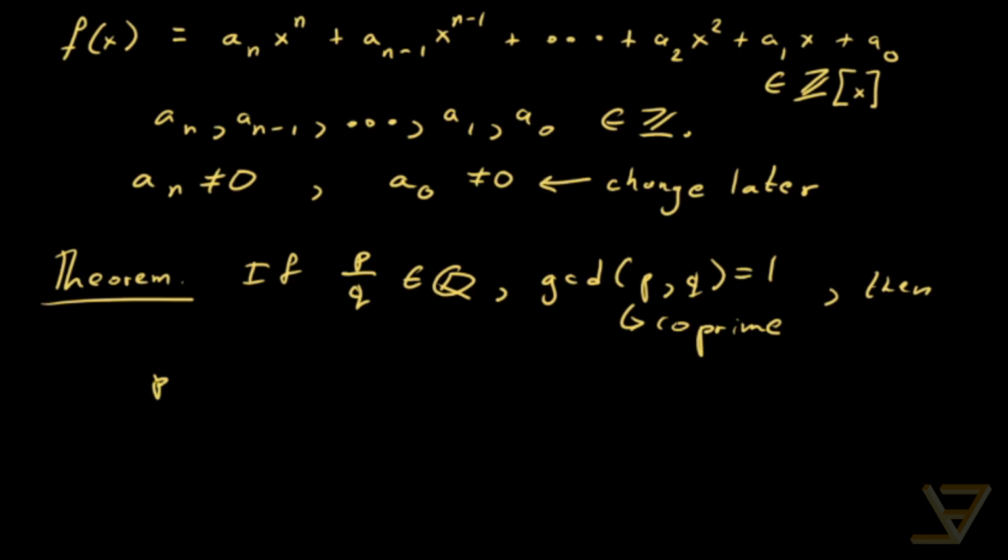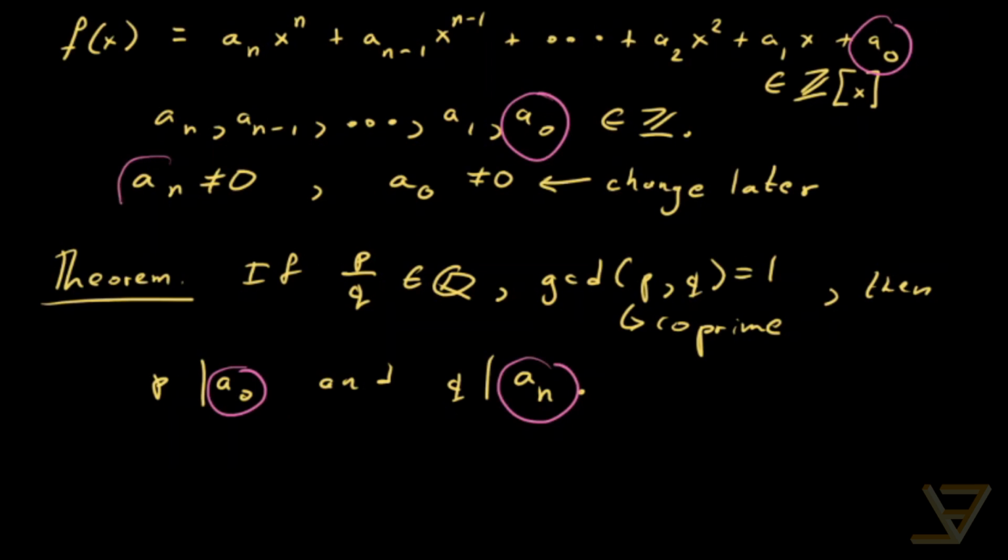Then p divides a_0 and q divides a_n. So a_0 is the constant term, and a_n is the leading coefficient.